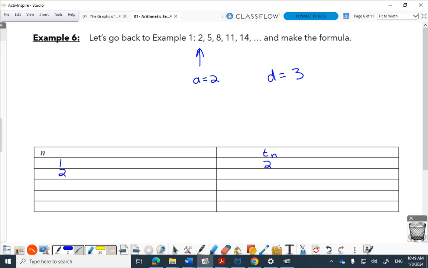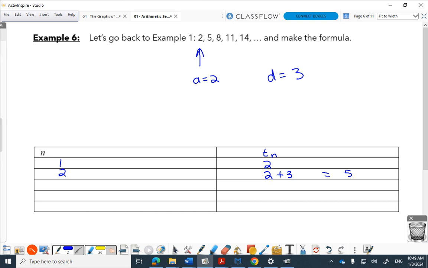It's 5. But I'm going to make some other calculations to show where it comes from. To get the second term, I take 2, which is the first term, and I add the common difference. And that's how I get my number 5. That's where the arithmetic sequence comes from. You take the first term, 2, and you add 3 onto it.